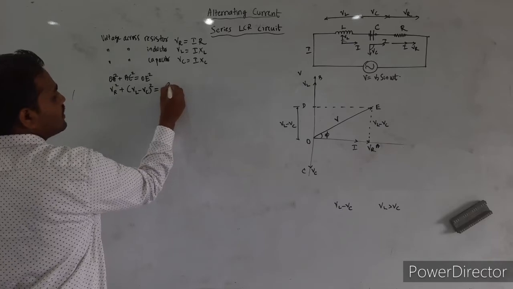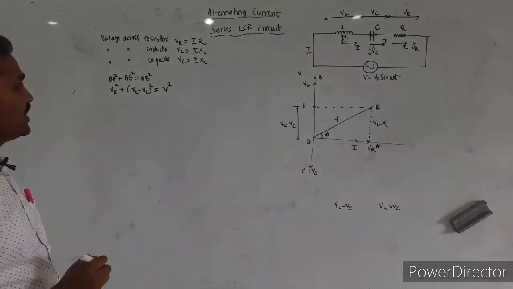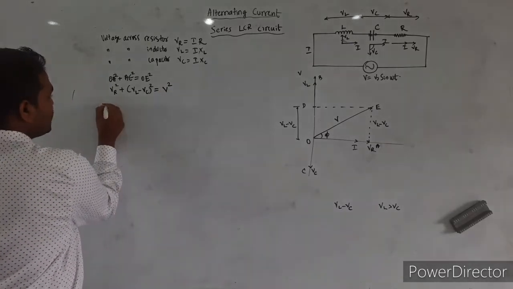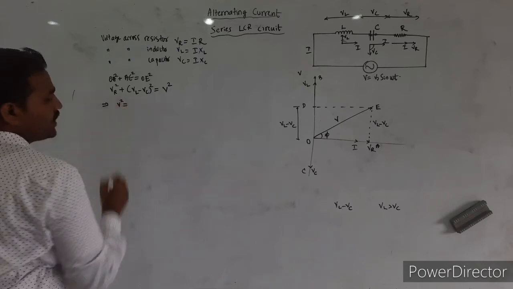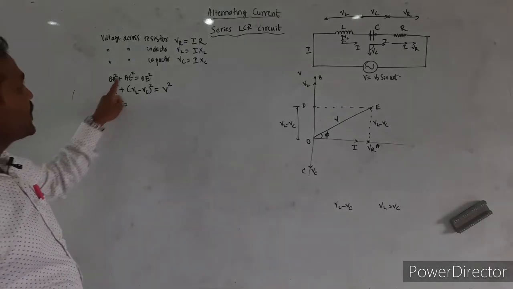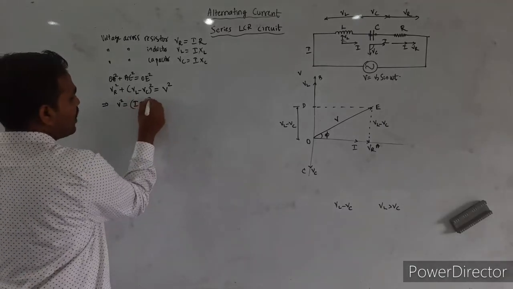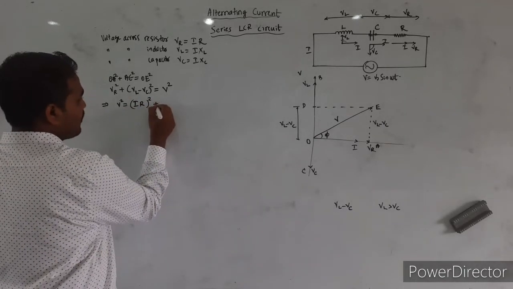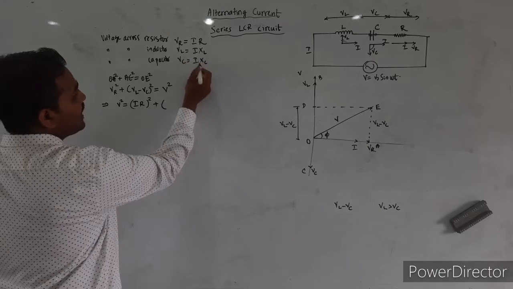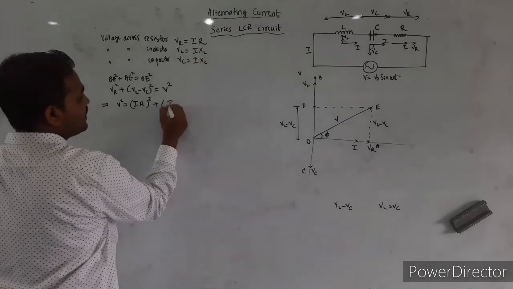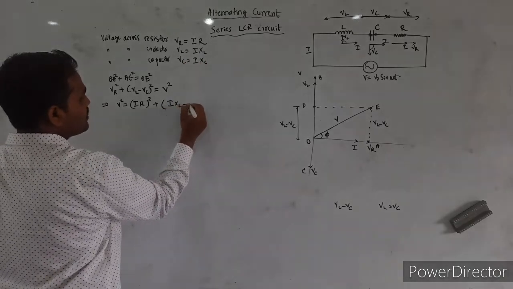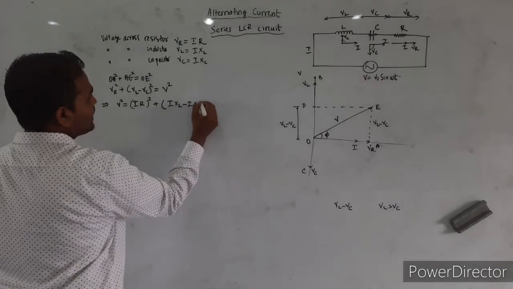OE, I am writing it as a resultant voltage V. So I can write V square is equal to VR square plus (VL minus VC) whole square, where VR is I into R, and VL minus VC is I into XL minus I into XC.